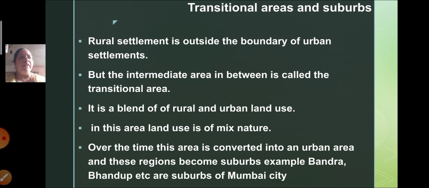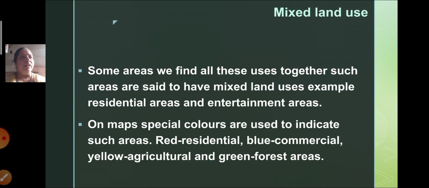Then we have learned about transitional areas and suburbs, how the intermediate area between the rural settlement and the urban settlement is called a transitional area and suburbs, for example Bandra, Bhandup. Then we have also seen mixed land use, the mixed type of land use. So this is what we have learned in this part.